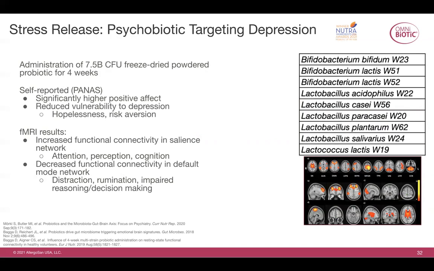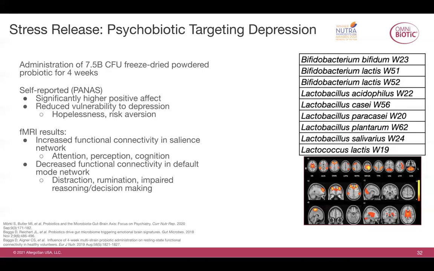I really like this study because it uses both subjective findings, which is the PANAS questionnaire, as well as objective fMRI findings. The PANAS questionnaire is a widely accepted questionnaire. And by questionnaires, we're attempting to objectify something that is inherently subjective. However, it is technically still a subjective finding.